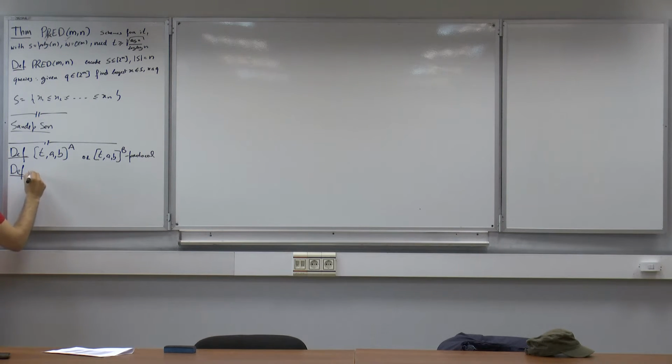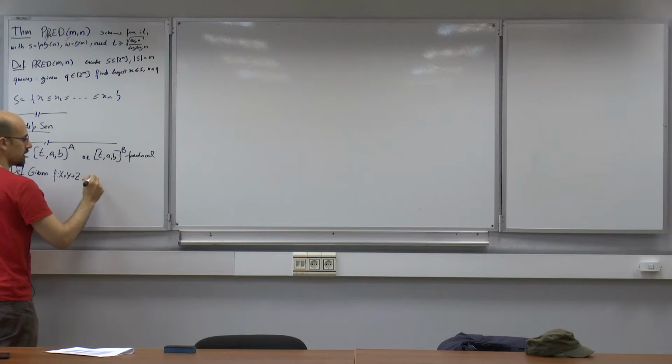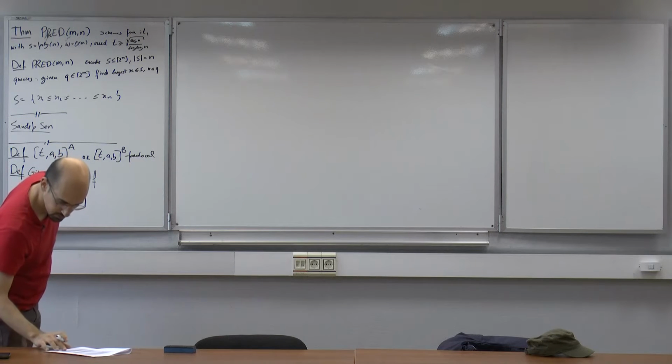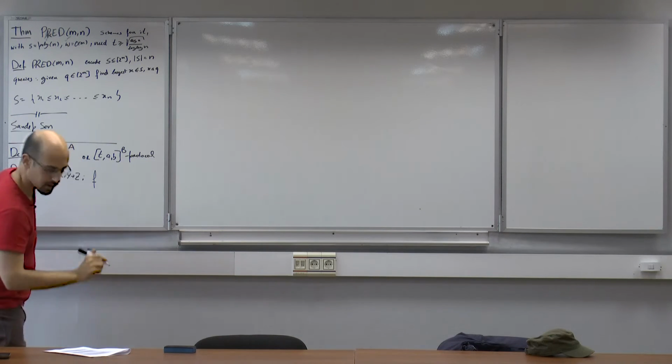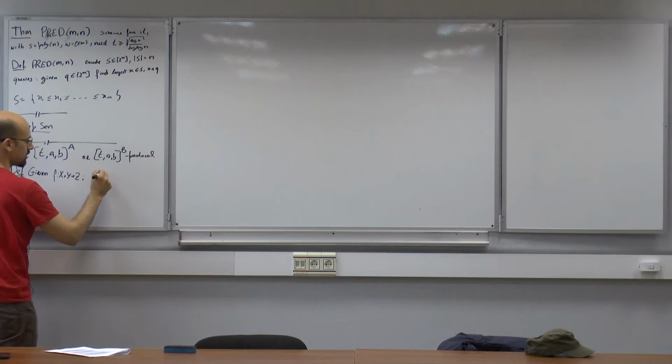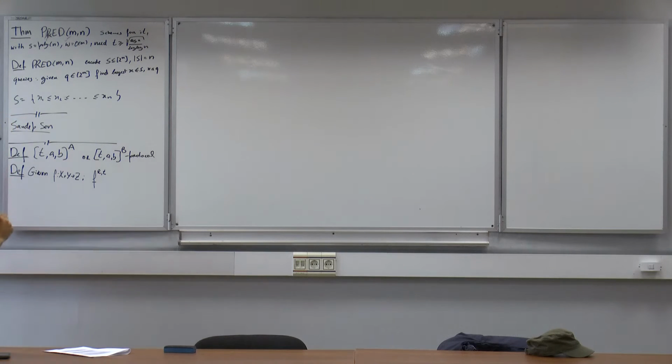So suppose we are given a function f, from X cross Y into Z. Then I'm going to define the problem f. This is a communication problem: Alice gets x, Bob gets y, and then they must find out f of x, y.